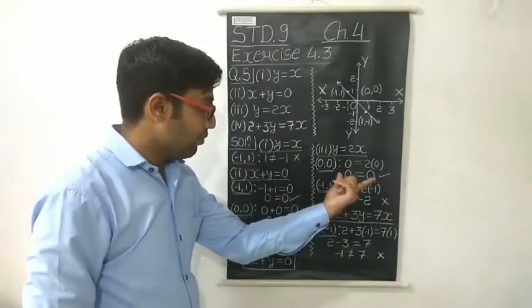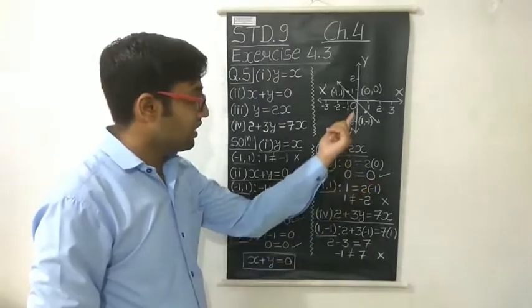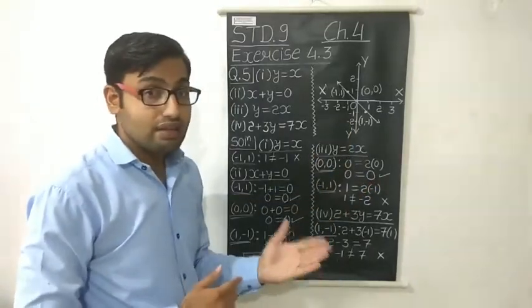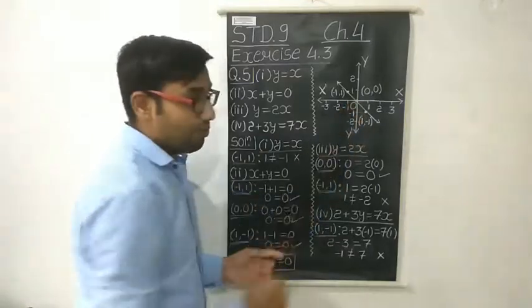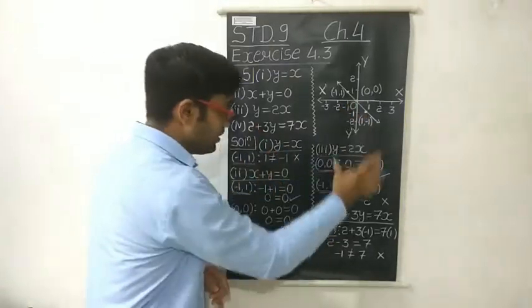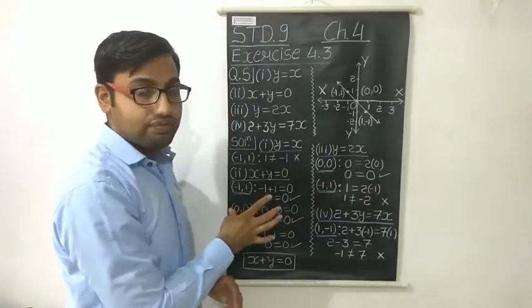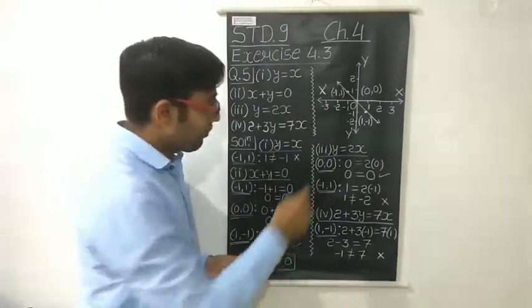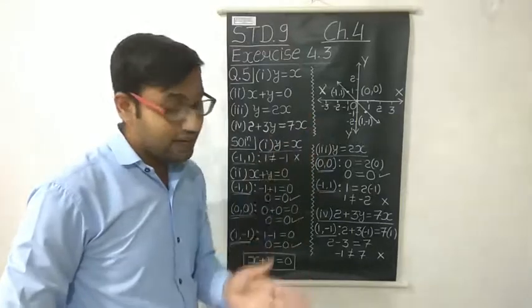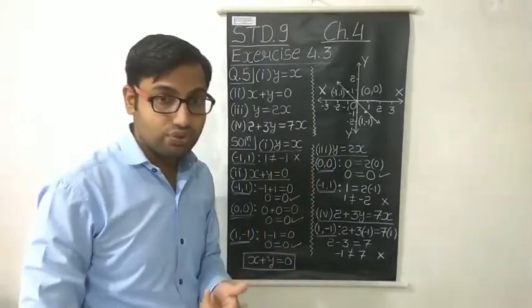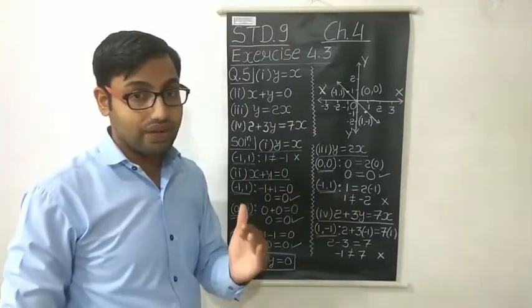Yes, one point here we have checked will satisfy this equation. Why? Because there is only one point, the origin, that is common in this linear equation and this linear equation, because from one point infinitely many lines can pass through, that we have already studied in chapter number 5.